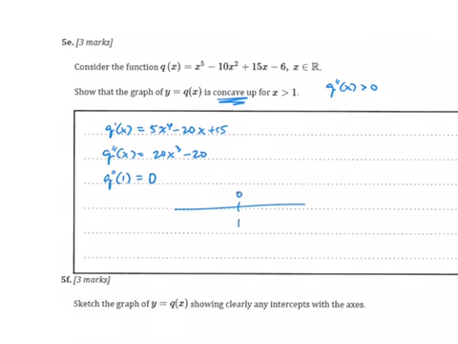And to the right of that, so when x is greater than 1, let's factor this second derivative. I take out a 20, it'd be x cubed minus 1. So if x was greater than 1, this quantity right here would be greater than 0.